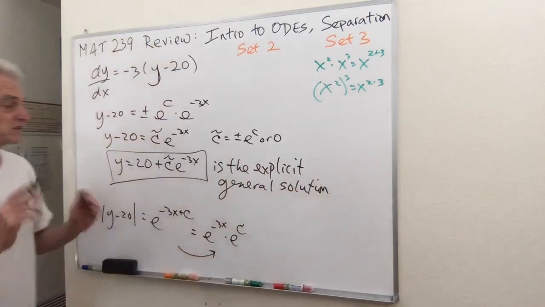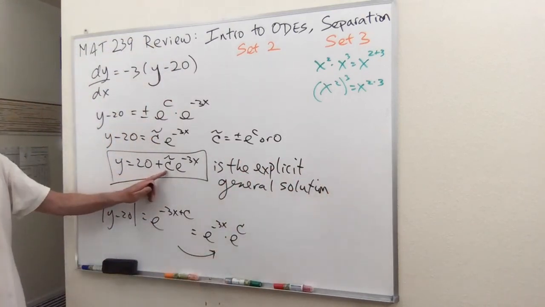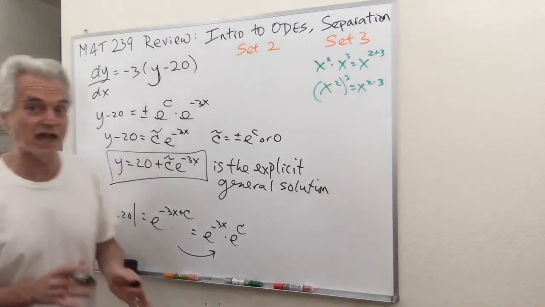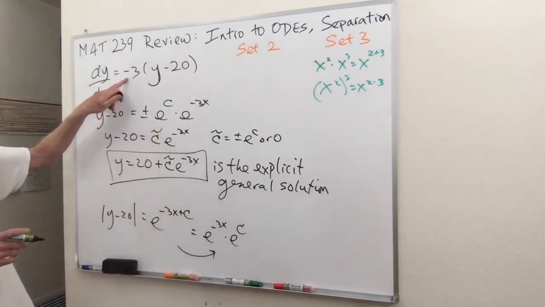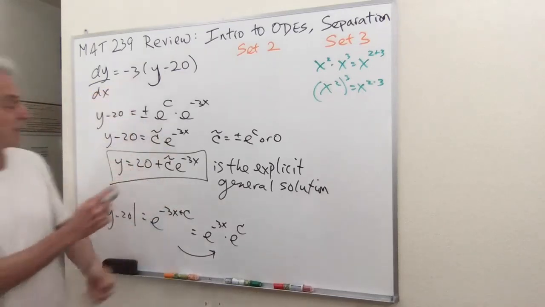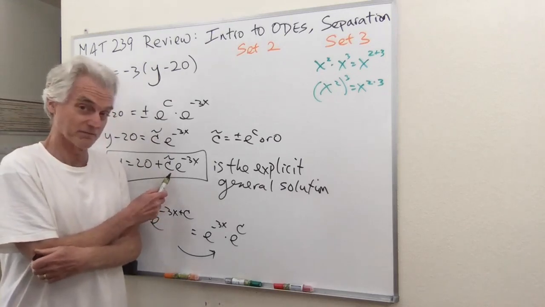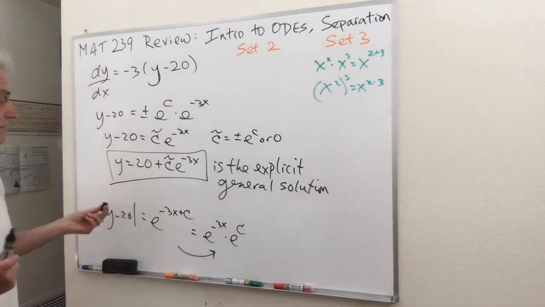What do I mean by the general solution? For every c twiddle, I get a solution to that differential equation. Not only that, but every solution to that differential equation is contained by the proper choice of c twiddle. Okay, good.